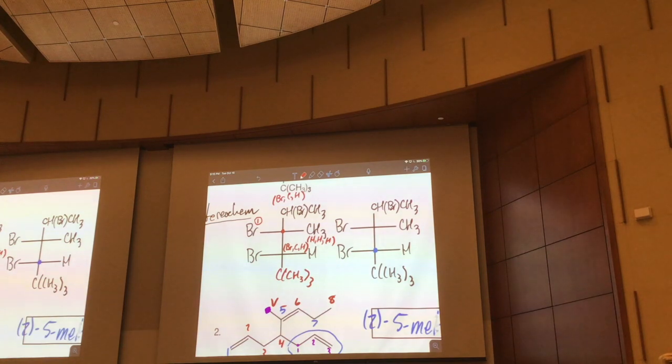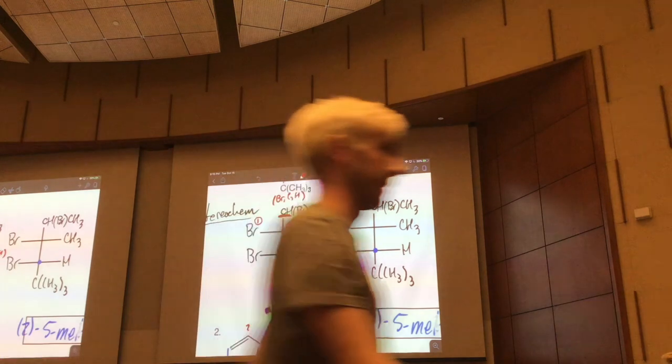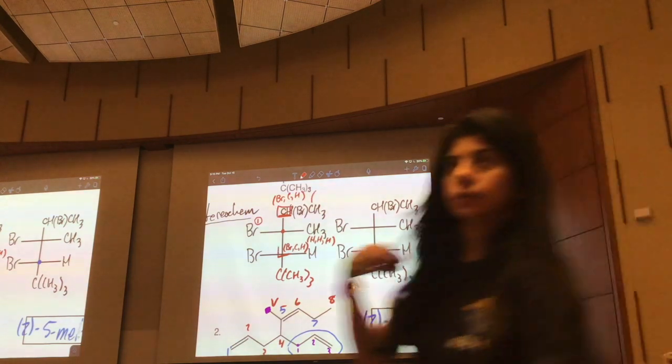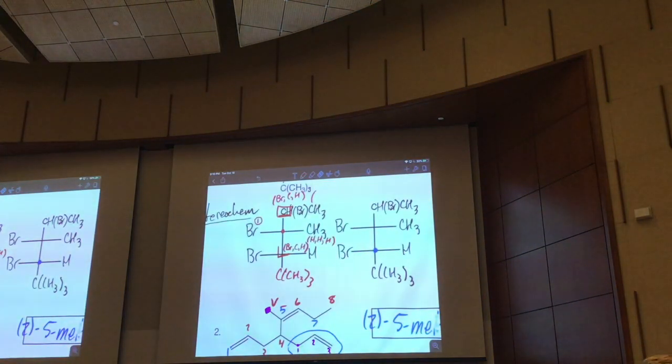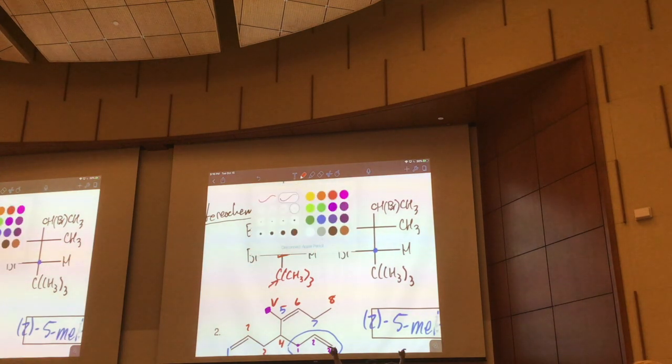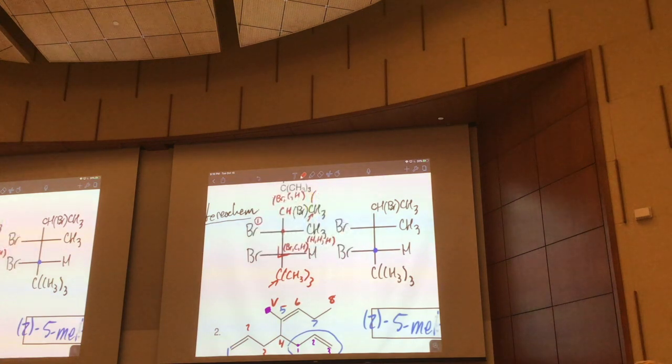Because see here, this carbon and this carbon are attached to all the same stuff. So we're still tied. We need to go one further to break that tie. Now we're looking at this carbon versus this carbon, because we have to break the tie twice.